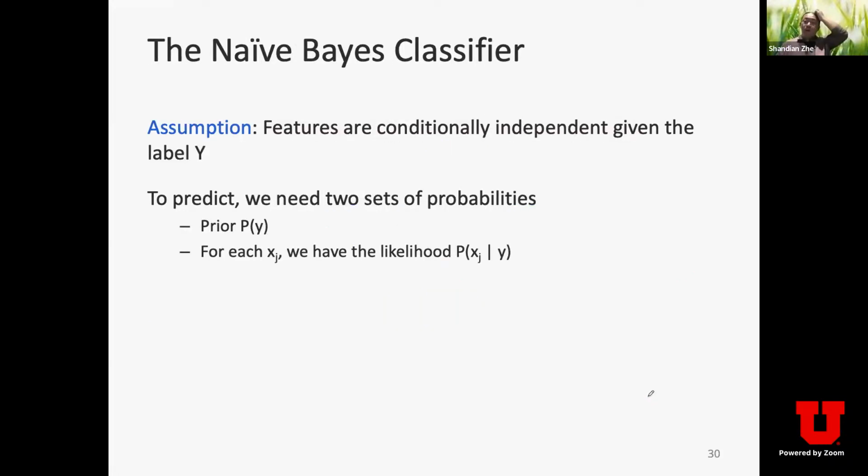So now, let us give a formal definition of the naive Bayes classifier. The key assumption is that features are conditionally independent given the label y. If we want to make a prediction, we need two sets of probabilities. One is the prior probability that the label takes different values. And then for each feature xj, we need the likelihood of xj given y.